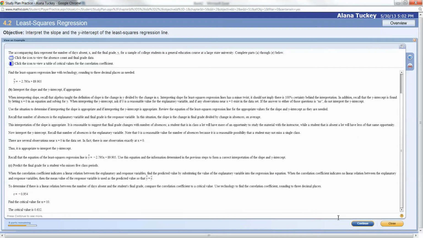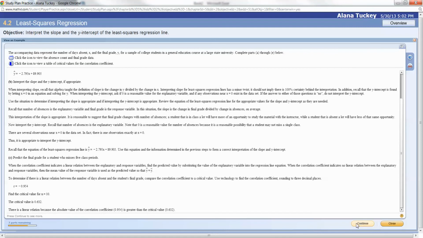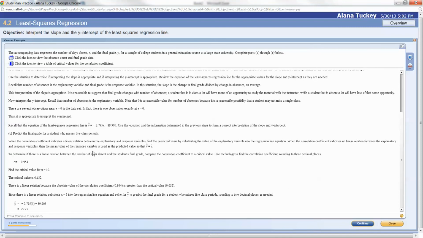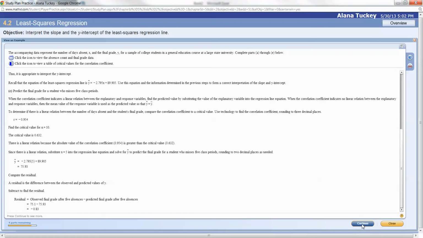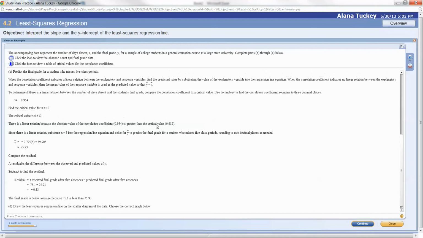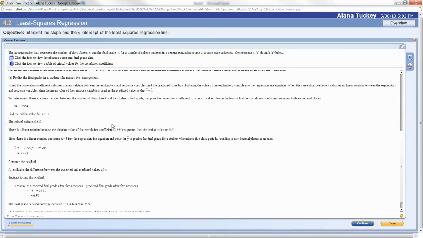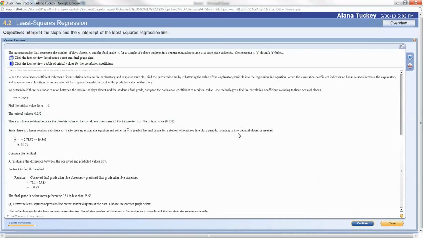So continue. Let's see what they're looking for. There it is, 75.93, right there. Done. Then they want the residual, I bet. If they want the residual, we'll have to find that.